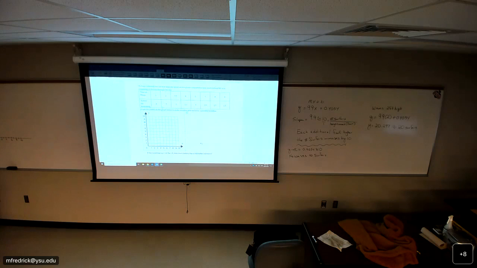Okay, so if we plot each of these points, the time on the phone is the X values. Battery life. And I think we had this in the beginning. We said it should be a negative relationship, which means as we're going from left to right, it should be going down. So if we plot the points, the first one is 1, 8.